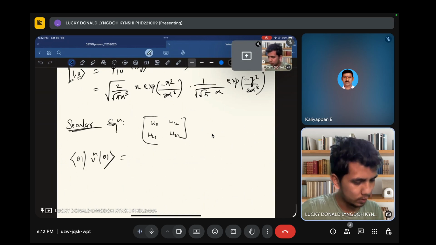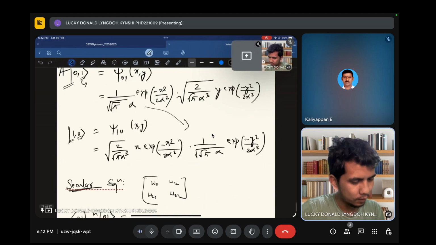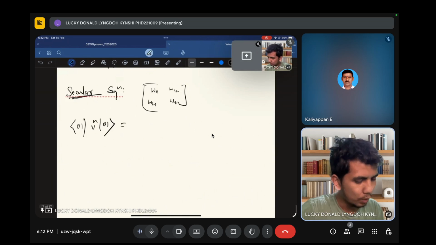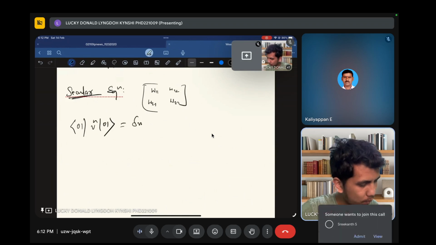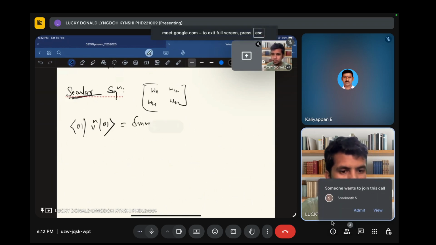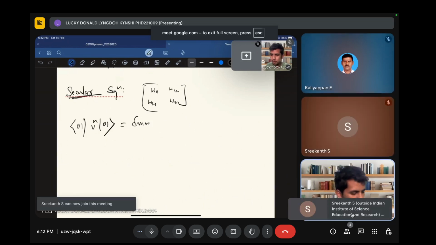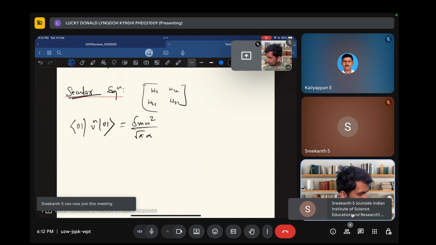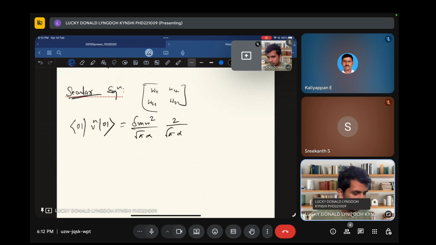You know the wave function, this is given to you for 0, 1. V prime is also given to you, delta m omega square xy. So you can get something like delta m omega square divided by root over pi alpha 2 divided by root over pi alpha cubed.